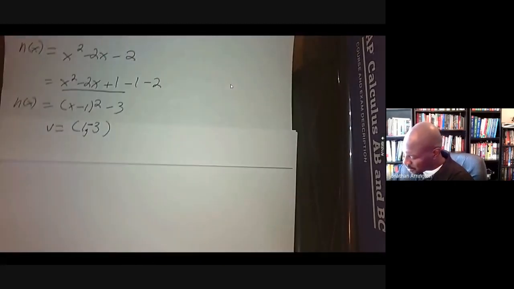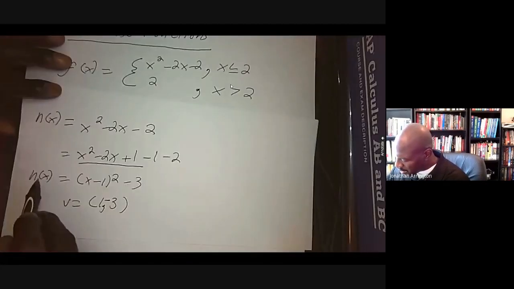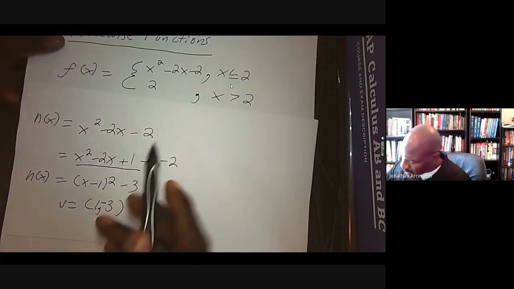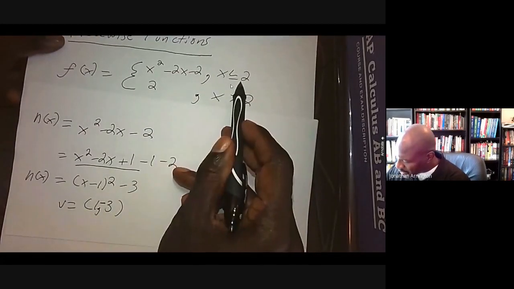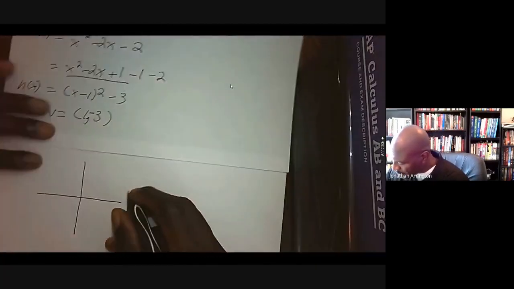All right, so let's go ahead and graph this. I'll graph the top piece first. Again, the top piece, this piece that I called h of x, is only for numbers that are less than or equal to 2. And it's less than or equal to 2, so this function will have a closed circle when it stops at 2.